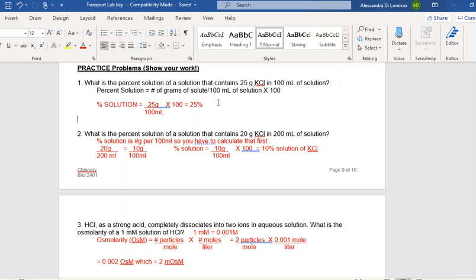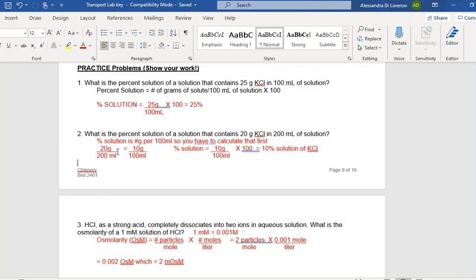What's the percent solution of a solution that contains 20 grams of KCl in 200 ml of solution? This is a little bit more tricky, because in this case you have 200 ml and not 100 ml of solution, so there is a little extra step.